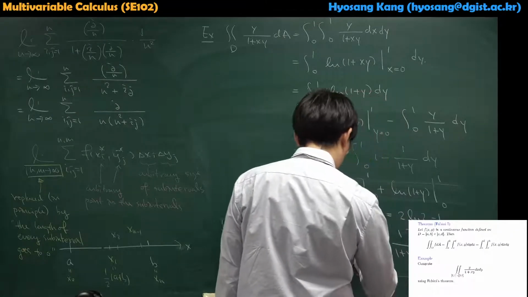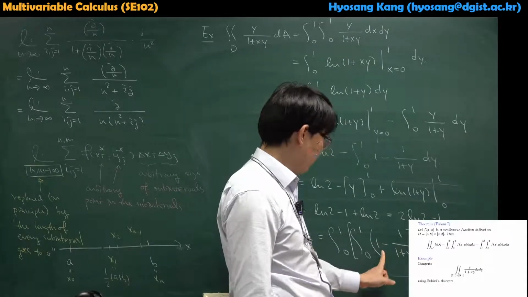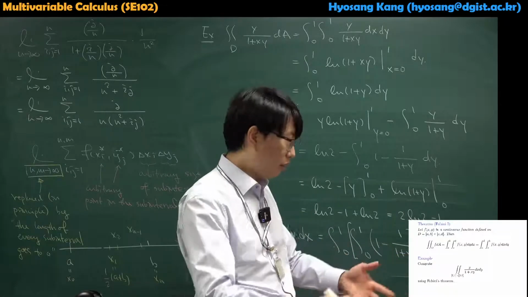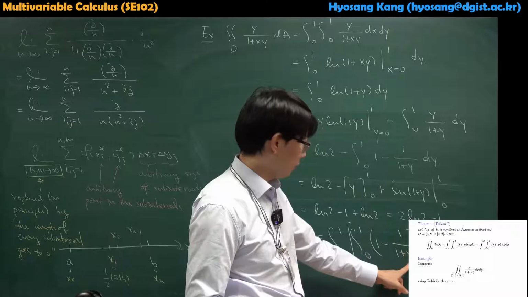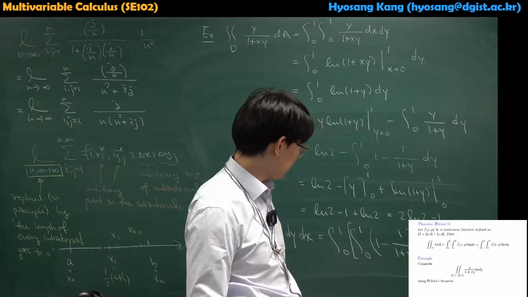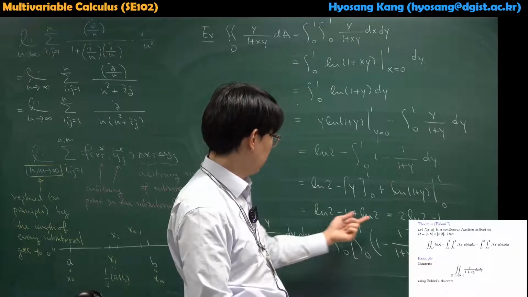So you can take the integral of 1 over x because x is constant, and also the integral of 1 over 1 plus xy, considering x as constant. So you can do the rest of the calculation. I think you will get the same answer.